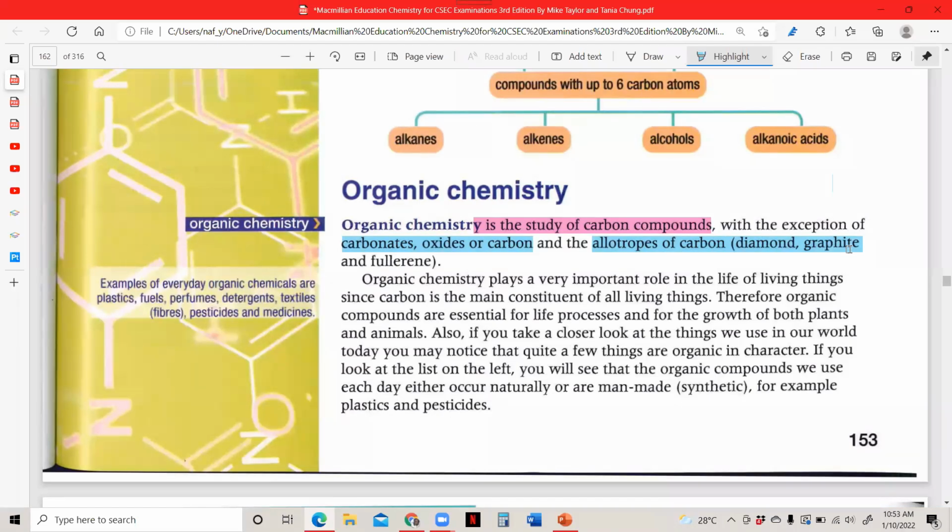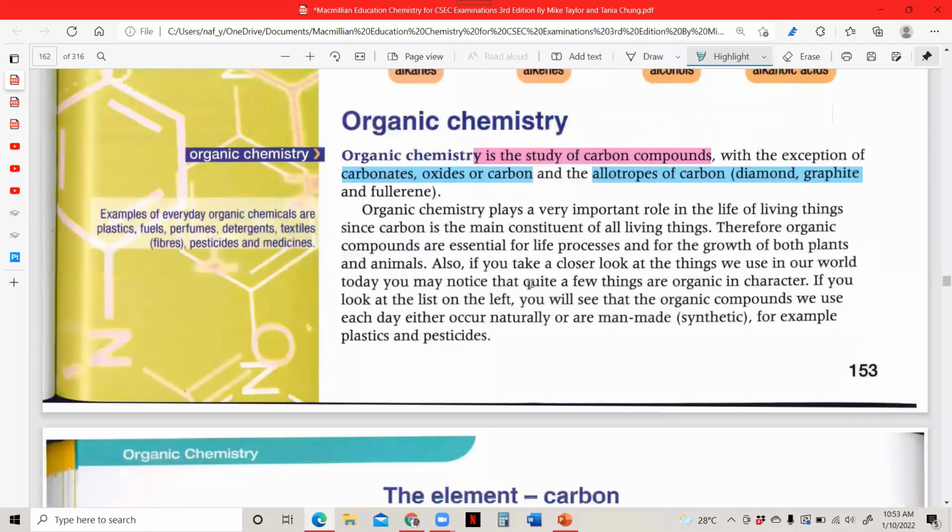A lot of the times when we think about organic substances, we're thinking of plant and animal derivatives, coming from a plant, coming from an animal. So these are naturally found in the environment. Now, organic chemistry plays a very important role in life.